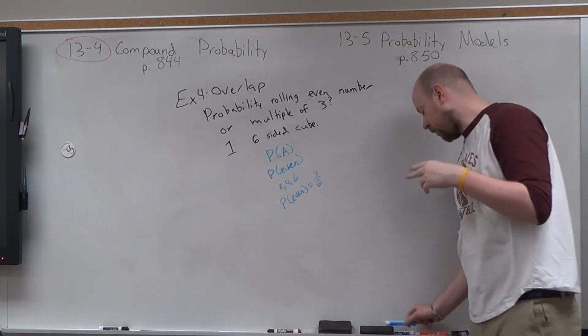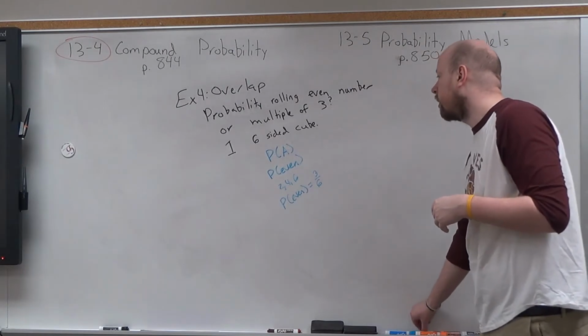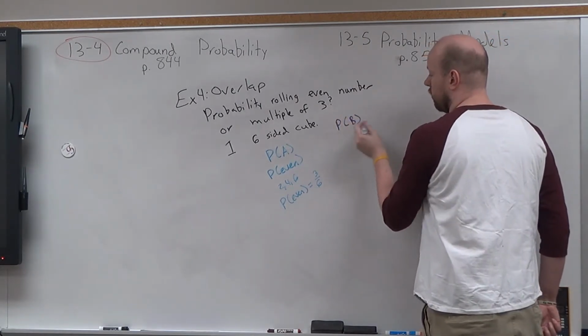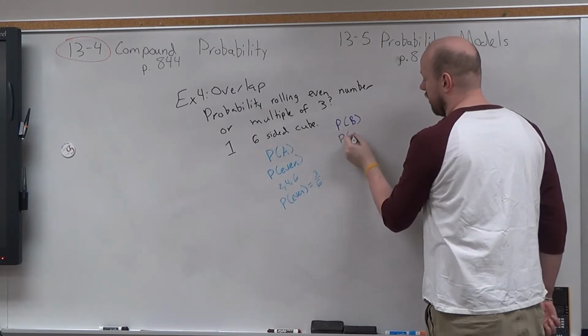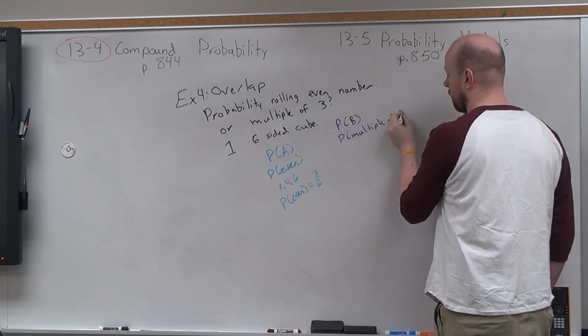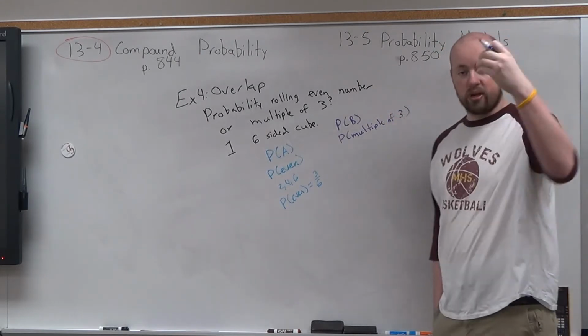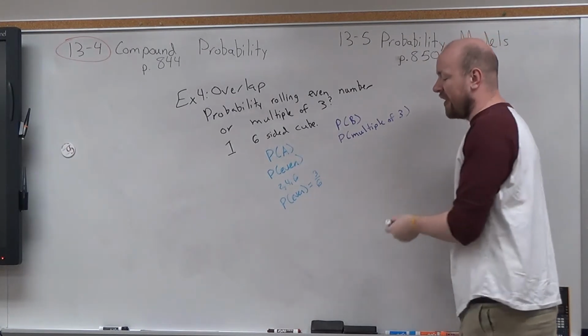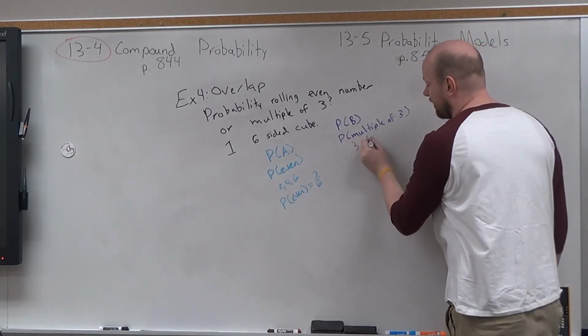Okay, nothing crazy about that one. My probability of B would be my probability of a multiple of 3. Multiple of 3 just being 3, 6, 9, 12, etc. Now the only ones on that number cube would be 3 and 6.